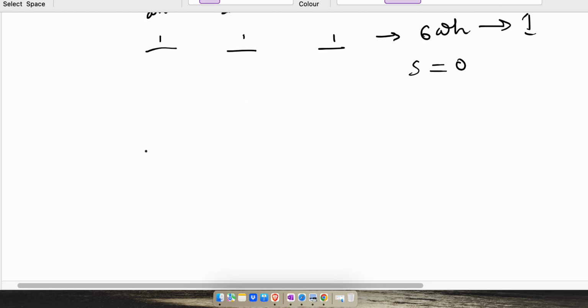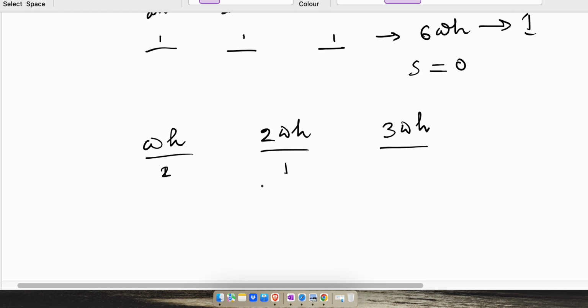With omega h, 2 omega h, and 3 omega h, I can put one individual here, 2 individuals here, and 1 individual there. I get 4 omega h.